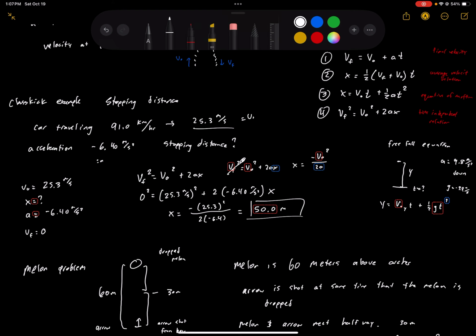I think in the book, they give the value g as 9.8, and then in the equation they put minus 1/2 g t squared. But just understand that that's essentially the same difference. Just keep in mind what you're calling positive, keep in mind what you're calling negative, and the math is going to work out all the same.